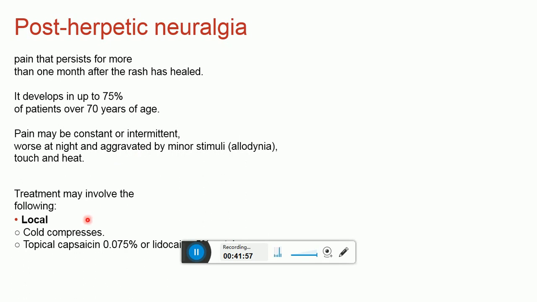Treatment may involve local cold compresses, topical capsaicin 0.075%, and lidocaine 5% patches.